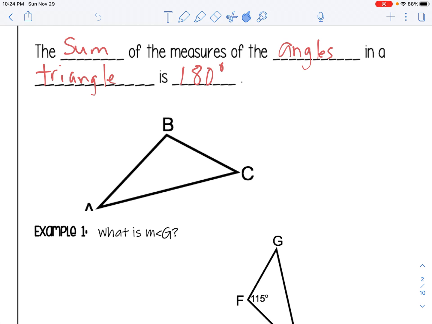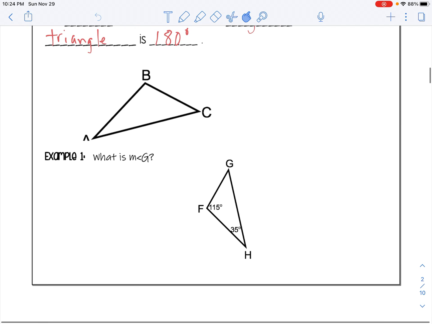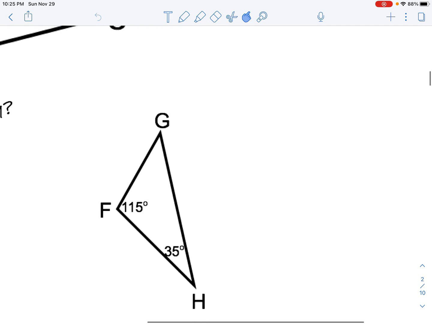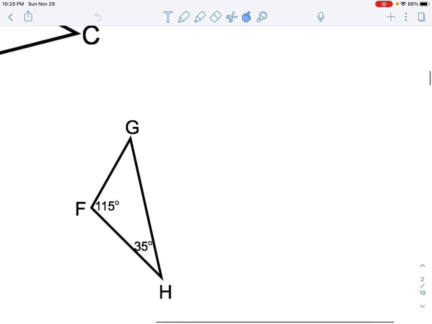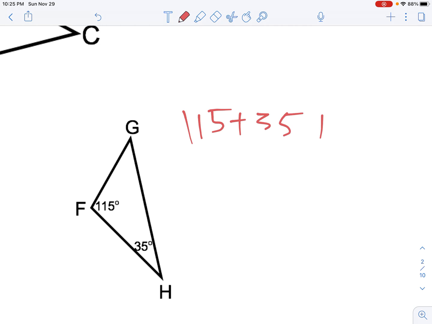The sum of the measures of the angles in a triangle is 180 degrees. So what that's saying is the three angles of a triangle add up to 180. So if we get a triangle and they give us two of the three angles, well, we know that those three angles have to add up to 180.